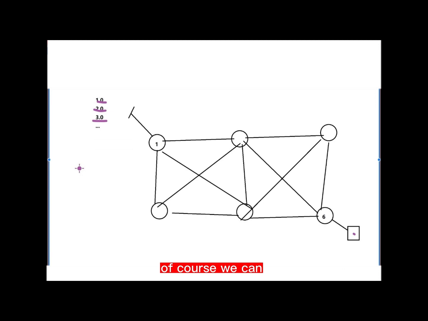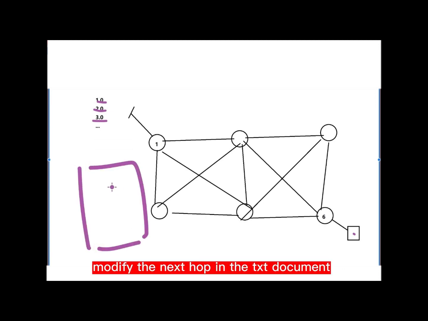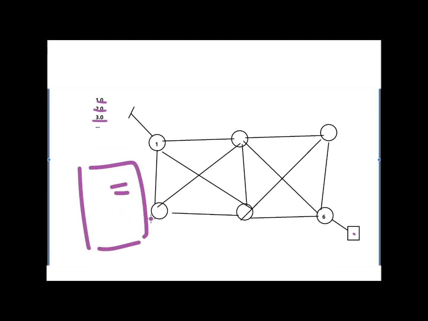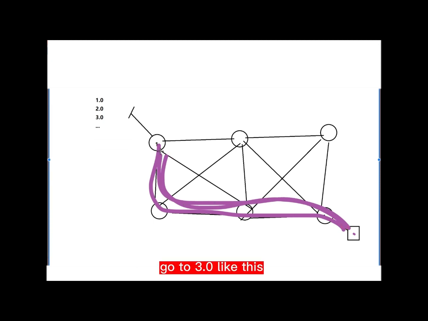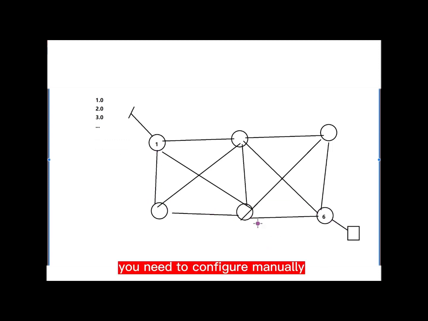Of course we can modify the next hop in a TXT document. Can, but you don't have to. Go to 1.0 like this. Go to 2.0 like this. Go to 3.0 like this. This is what we say: you need to configure manually. This is a characteristic of static routing.